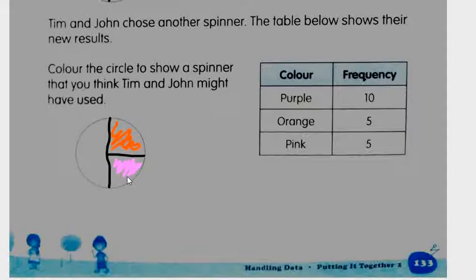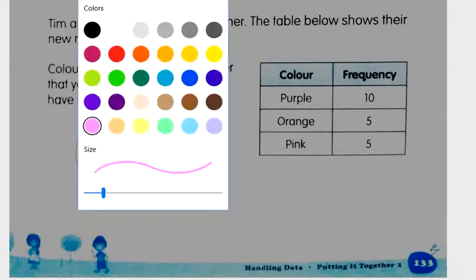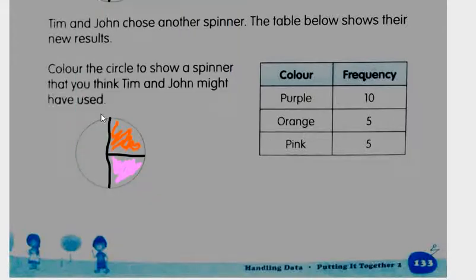But purple has double parts. So it's just the same as if we make two of them, orange and pink. Because purple has the same size as orange and pink all together.